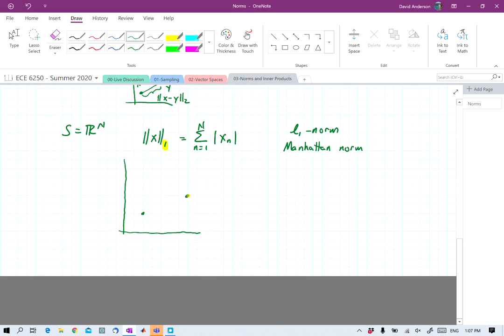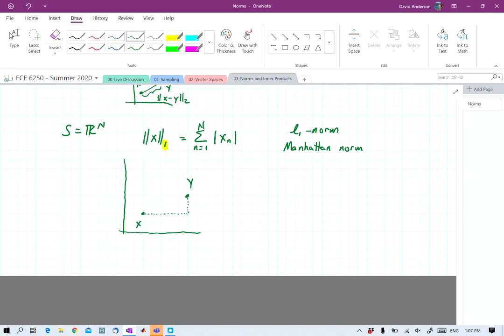Say this one and this one, x and y. In Manhattan, you would have to walk along the roads, which are in a grid pattern, and not cut through buildings unless you're Captain America.